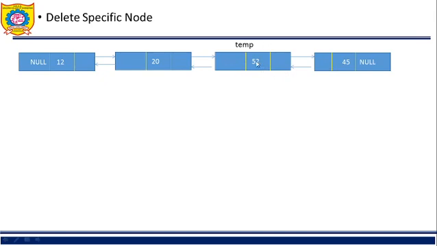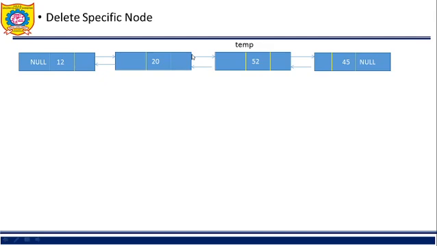Okay, so how will we do this? This is temp. Now we have to make this the next node of the temp previous node. So see, temp previous next is equal to temp next. What do we make? Temp previous, so we are pointing at 20, that 20's next.